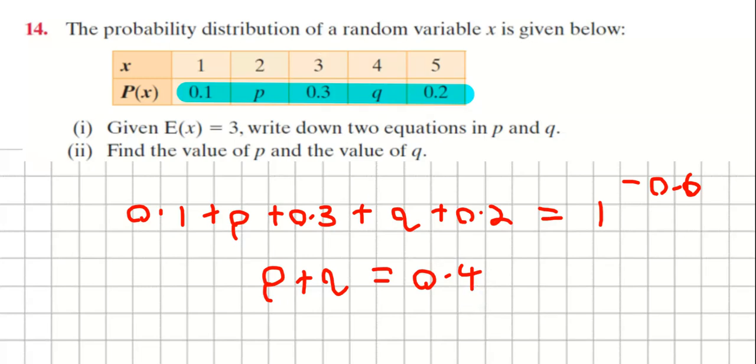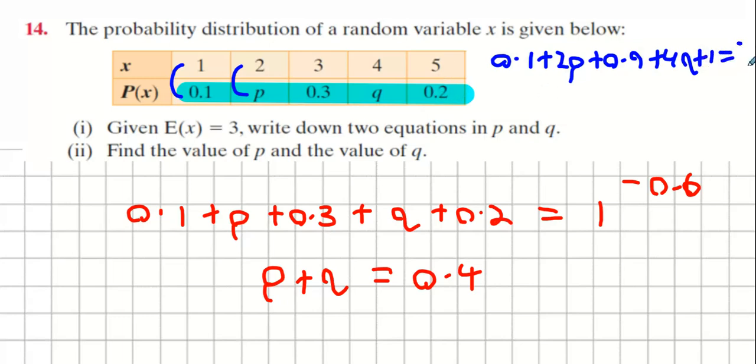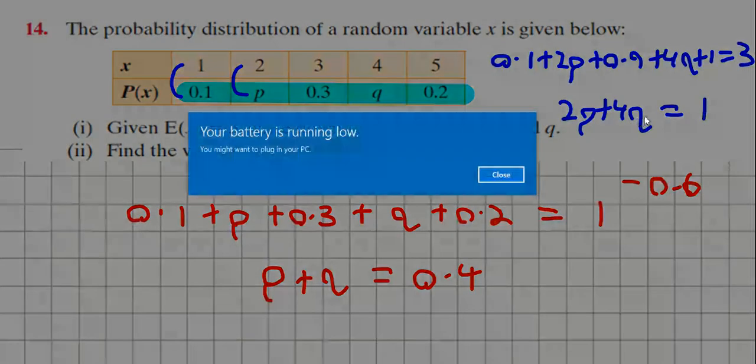Second equation, you've got to multiply these out, and you get 0.1 plus 2p plus 0.9 plus 4q, and 5 times 0.2 is 1, isn't it? And that all has to equal 3. Then I'm going to get 2p plus 4q. It's going to be 2 on the left, 3 on the right, so it's going to equal 1. Who got 1 for that?